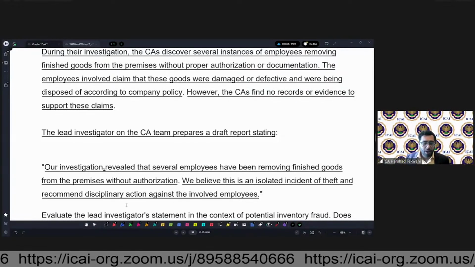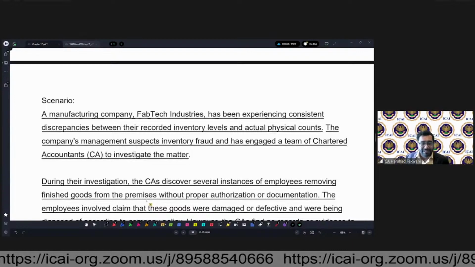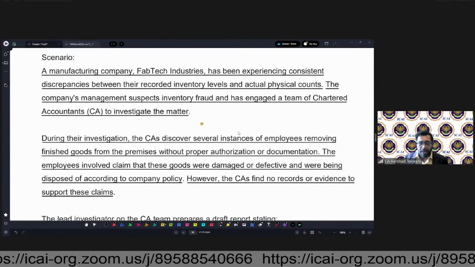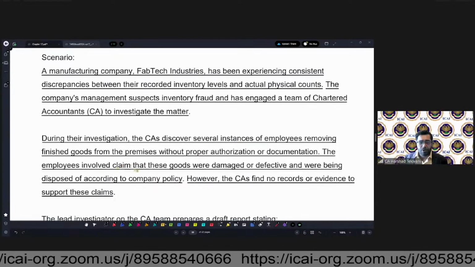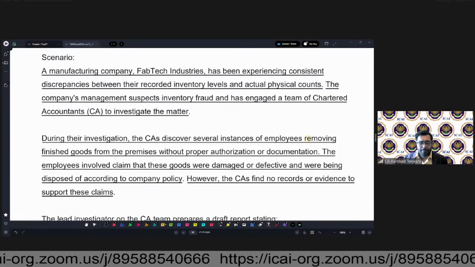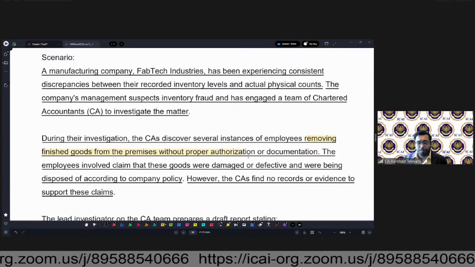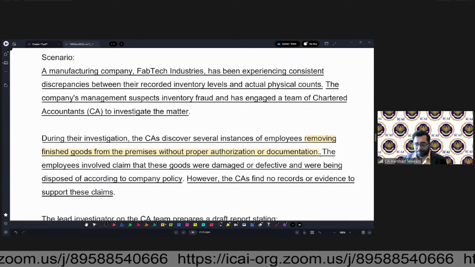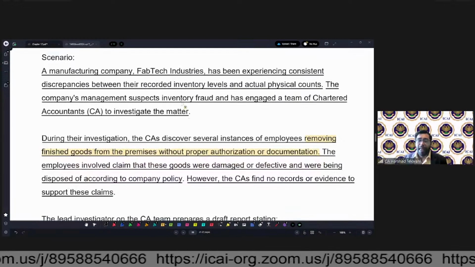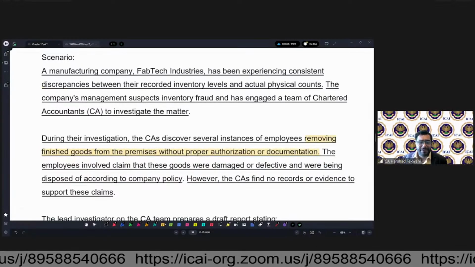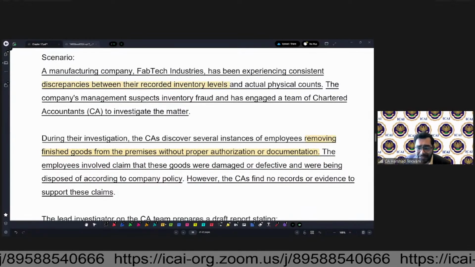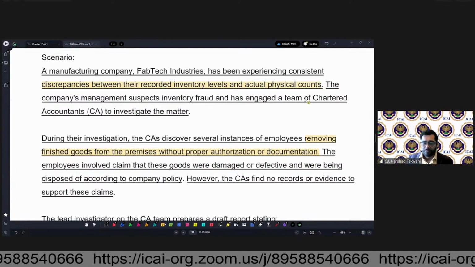But what is happening is that the employees are removing the goods from the premises without proper authorization or documentation, and there have been discrepancies between the recorded inventory levels and actual physical count.